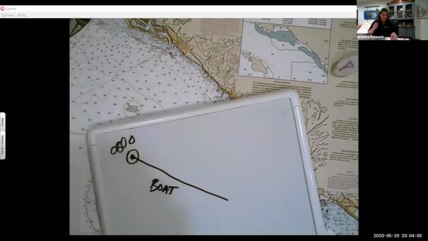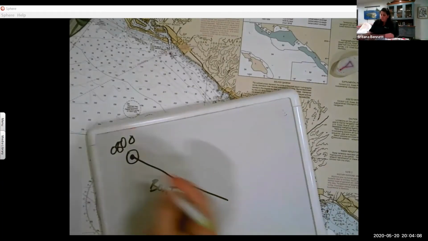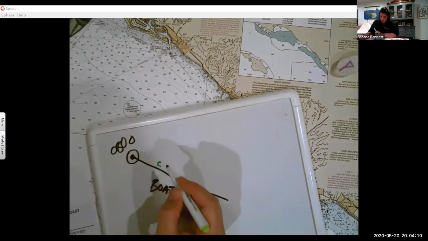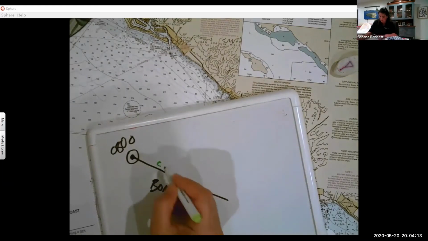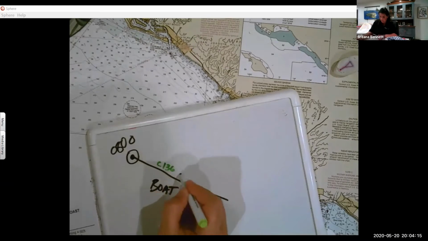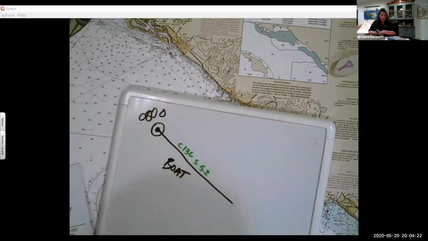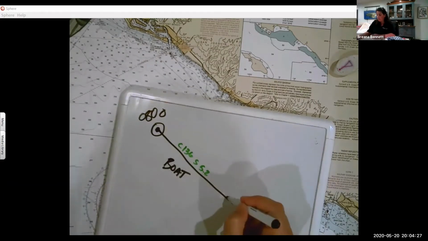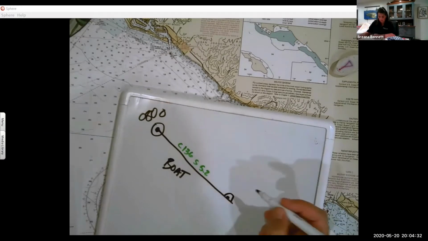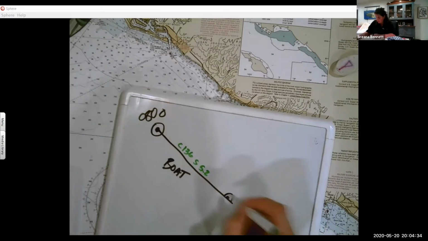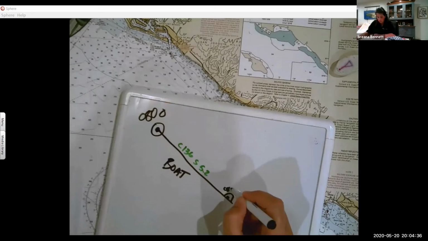We calculate our course to be 136 and a speed of 5.2. So with that, we can calculate a DR for here at, what time did we get our fix? 8:43. 8:38.